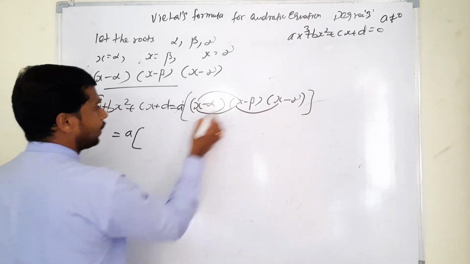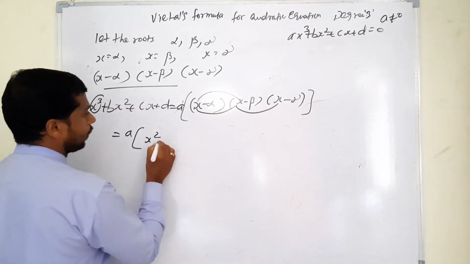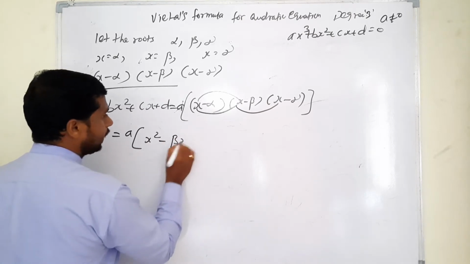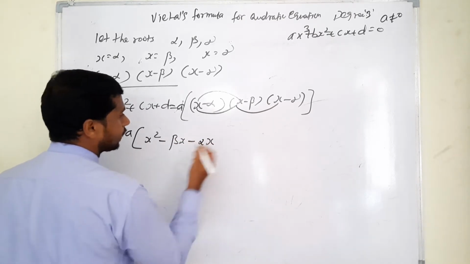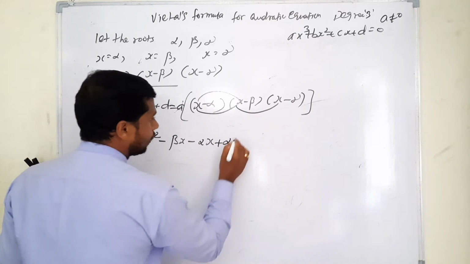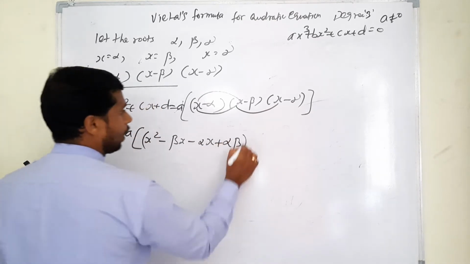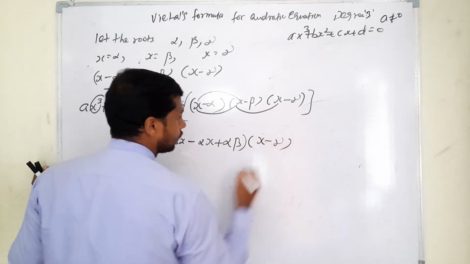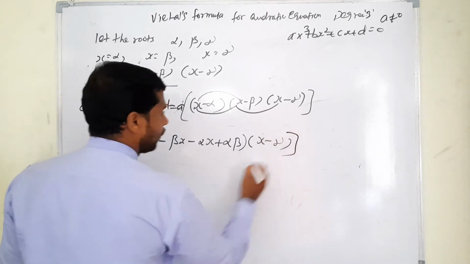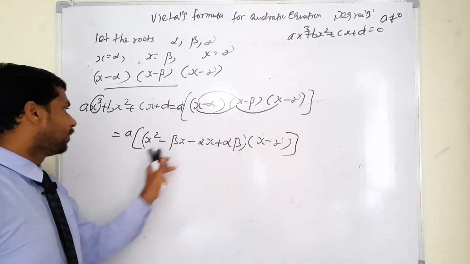That's why outside I have taken the common a. Inside, first we have to simplify the first two terms: x into x, x square, again minus beta x, minus alpha x, next plus alpha beta. Another one, the third term x minus gamma, again each and every time multiply into x.